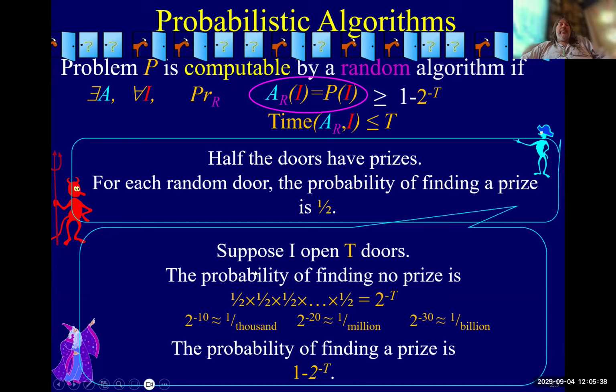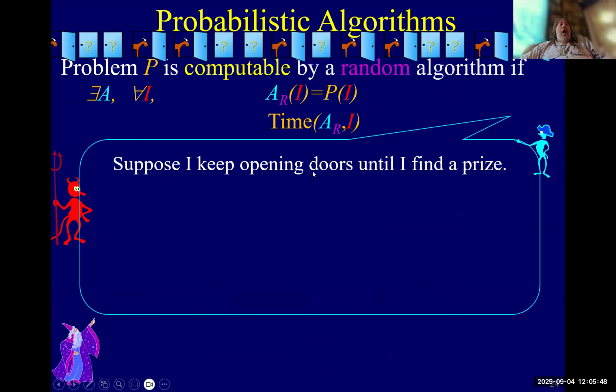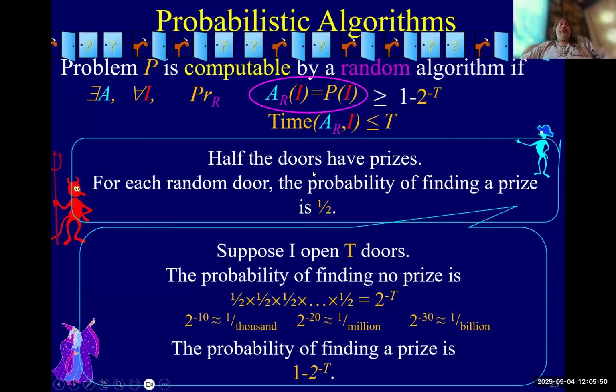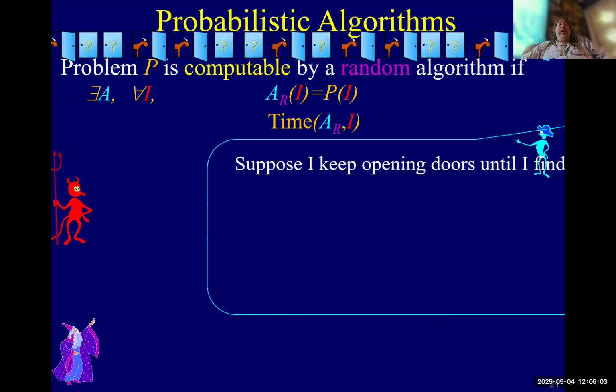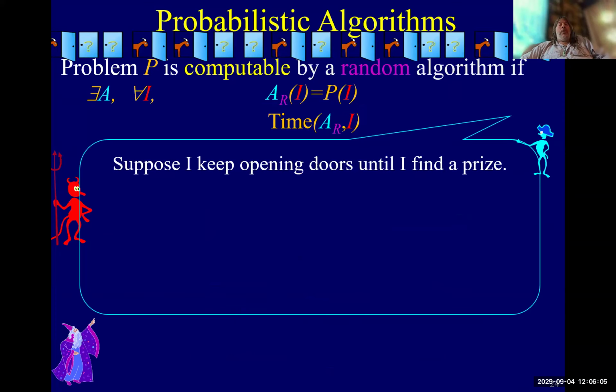So we can say you choose random coin flips, and the probability of finding the prize is really high. Another option, instead of running the algorithm for T time steps and having some probability of getting a prize, is to just keep opening doors until you find a prize.